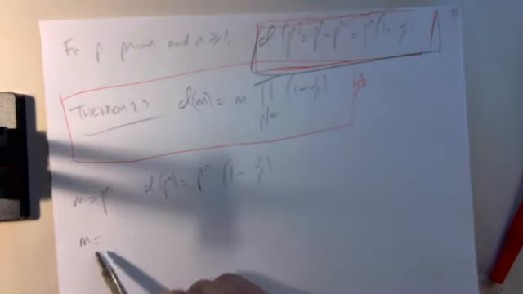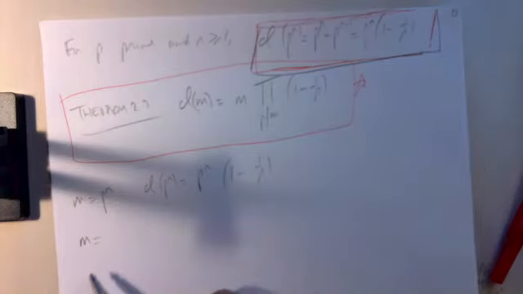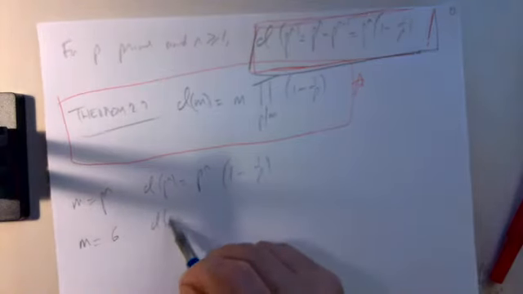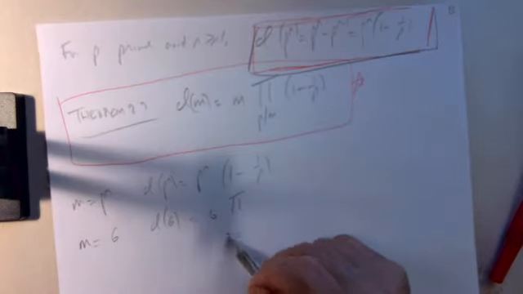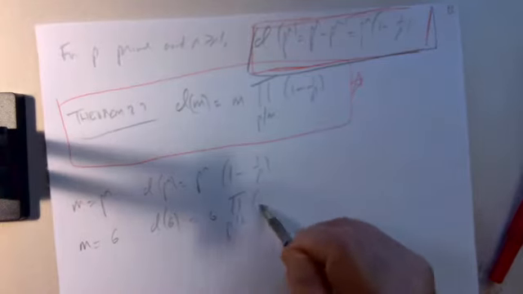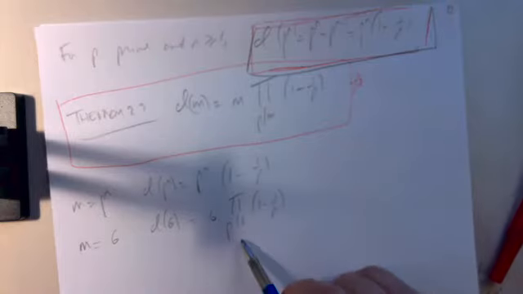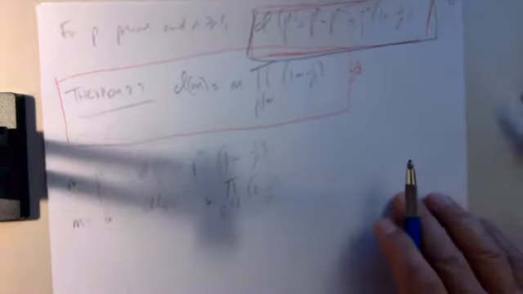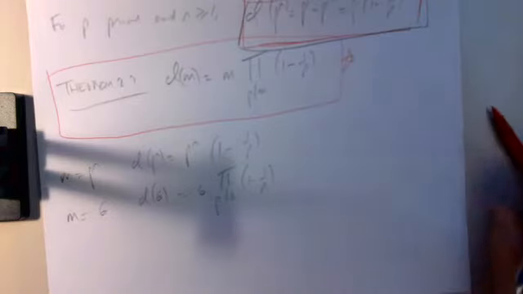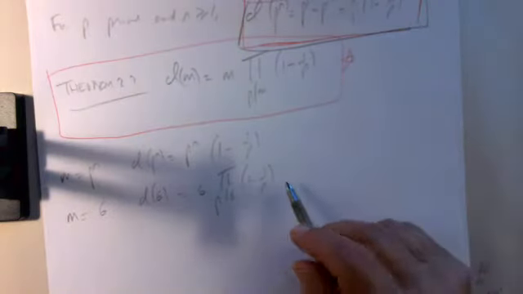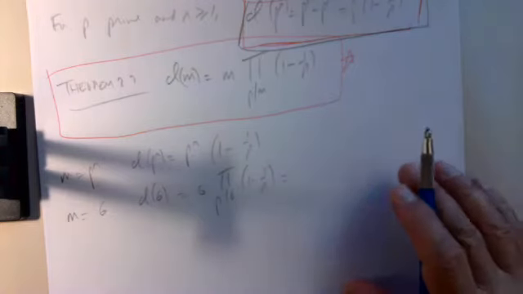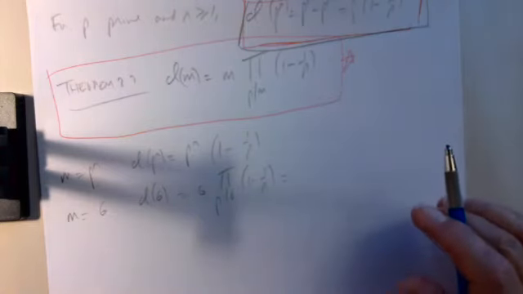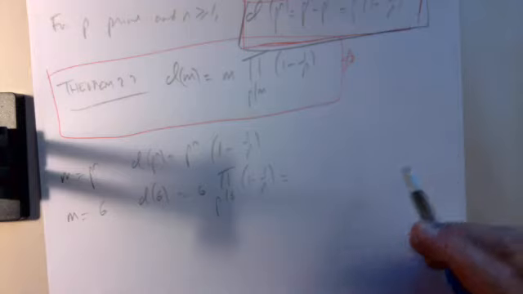So this is p to the r times 1 minus 1 over p. Let's look at m equal to 6. What is phi of 6 by this formula? It's 6 times the product of all the primes that divide 6, 1 minus 1 over p. What prime numbers divide 6? 2 and 3.